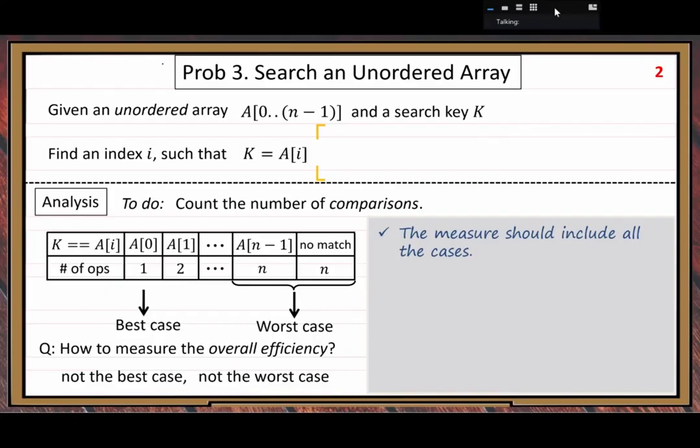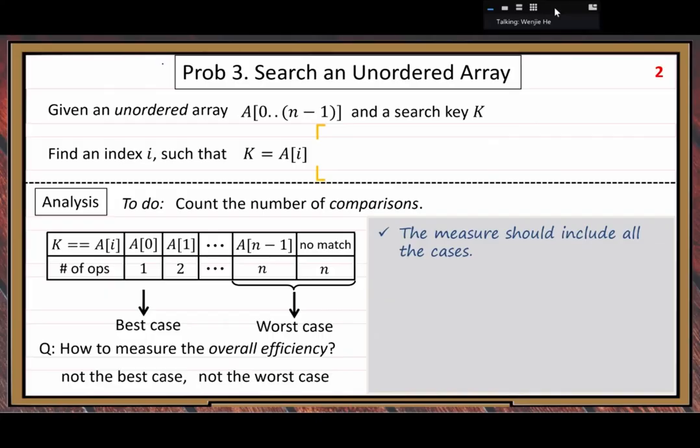The best case only covers the best case. The worst case covers the worst case, but not all the cases, right? Other cases, they do not cover. But for your overall efficiency measure, you should include all the cases. That's the fair way, right?